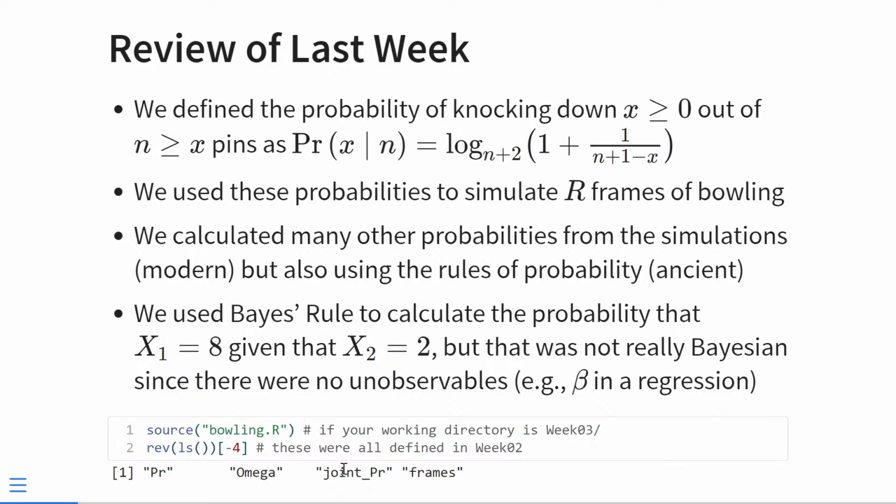Joint PR, which was that 11 by 11 table, and the elements of it had the joint probability of knocking down this many pins on the first roll and this many pins on the second roll, with the row and column indices so that their intersection gave you the joint probability. And then frames is like 10 million simulated frames of bowling. All right? So that's all what we did last week. Everybody's source bowling.r work? You got these few things? Okay.